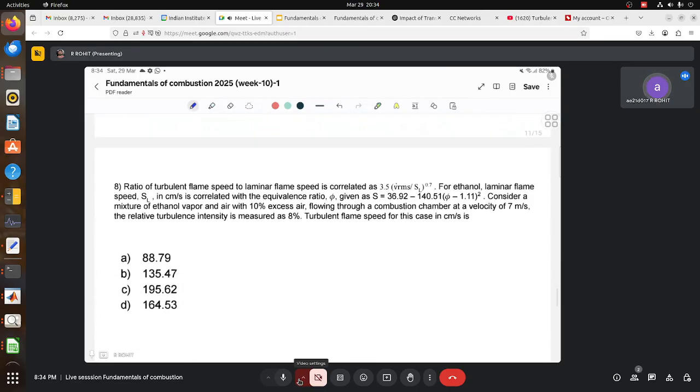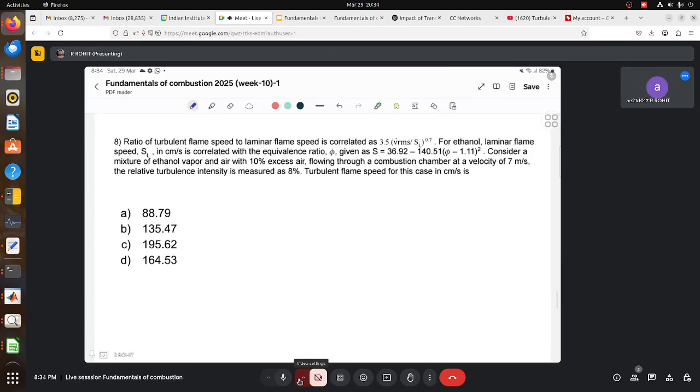Let us move on to the next question. The ratio of turbulent flame speed to laminar flame speed is correlated as 3.5 times Vrms by SL, whole to the 0.7. For ethanol, laminar flame speed SL in centimeter per second is correlated with the equivalence ratio given by the expression.